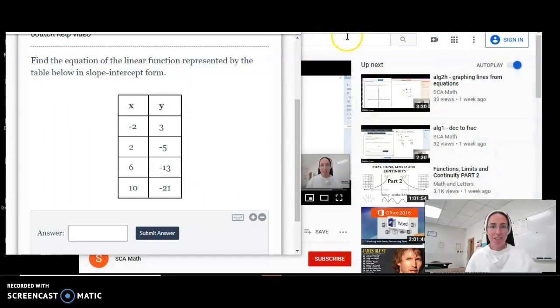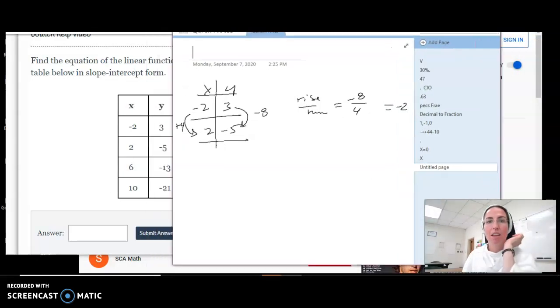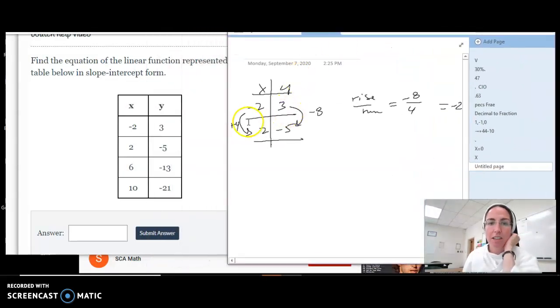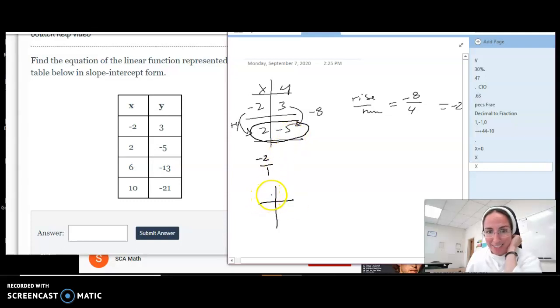You could just go from x equals 2 right here. You could take this point and then apply the fact that a slope of -2 means -2 over 1 and say, okay, I'm going to go backwards 1, which means I'm going to go forwards by 2 on y. See if that makes sense.